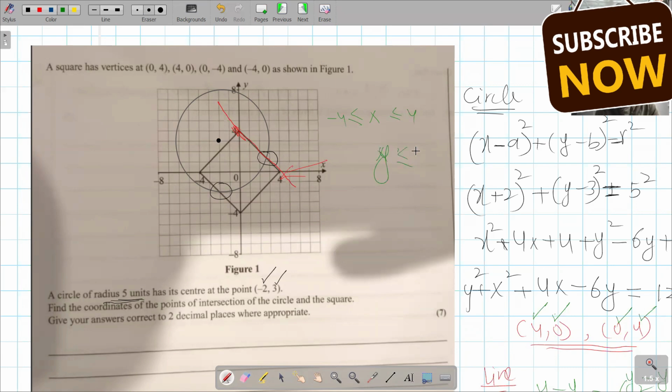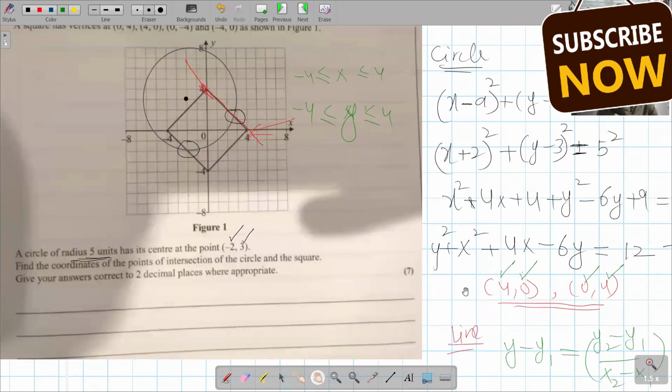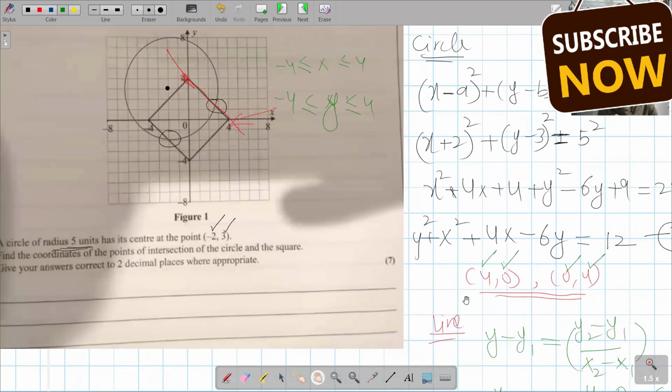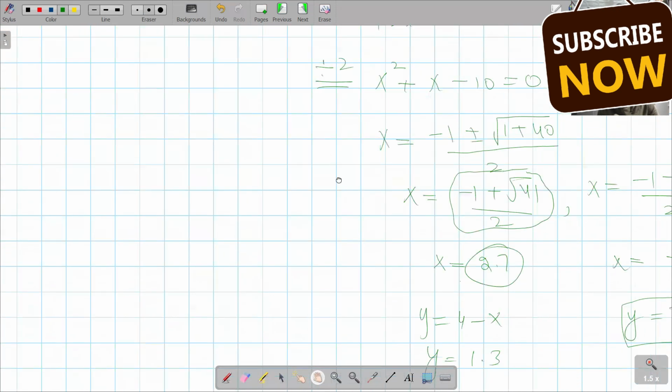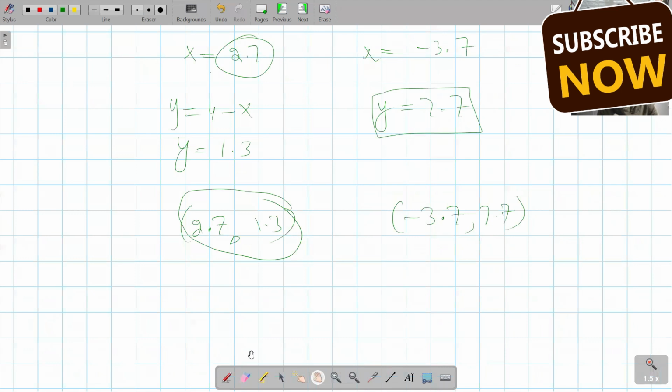So the points of intersection, the values of x and y, cannot cross these boundaries. Which value is suitable? This first one crosses the boundary. So this is the required point of intersection.